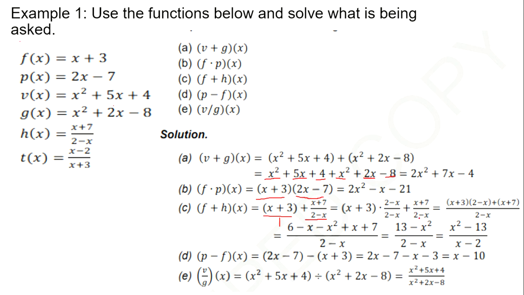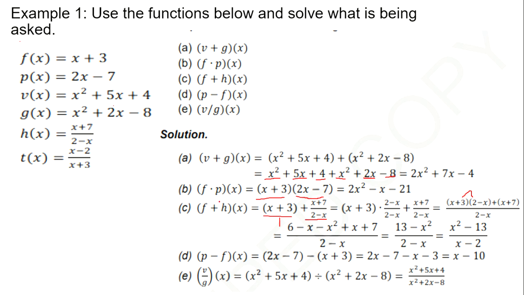Simplifying that, we have the quantity x plus 3 times the quantity 2 minus x, plus, of course, x plus 7 over 2 minus x. We can simplify this using the FOIL method. 3 times 2 is 6.